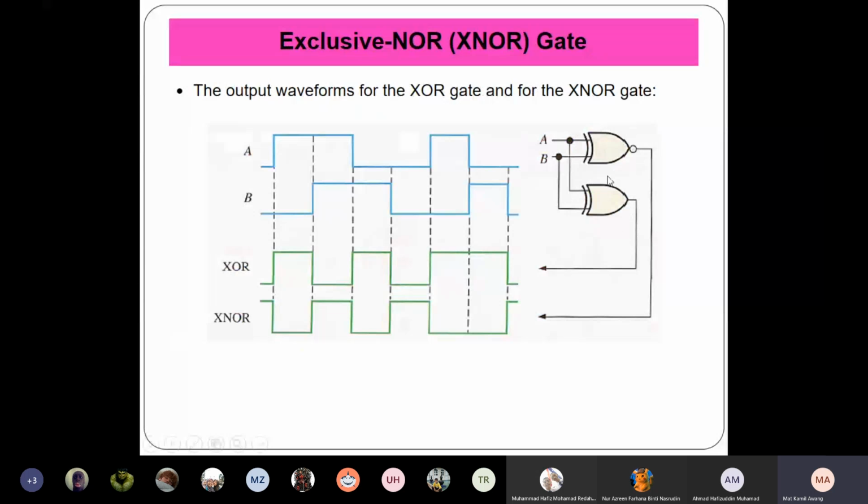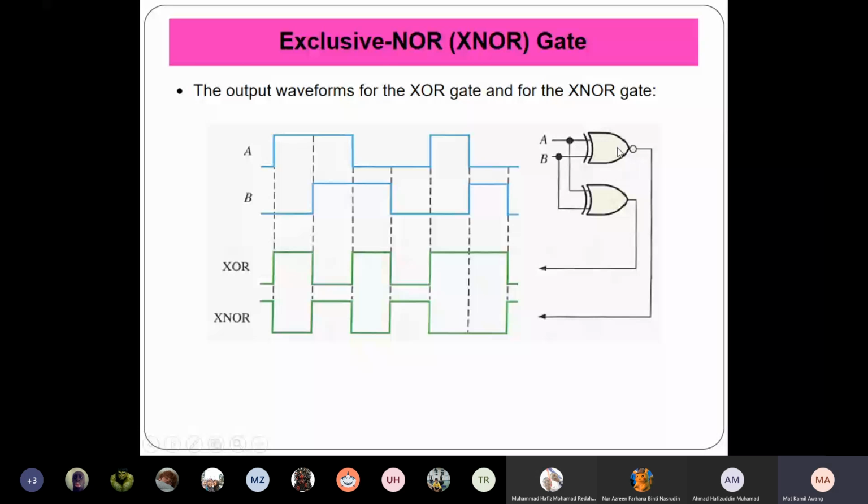This is XNOR. This output gives this timing diagram, and this output gives this timing diagram. Okay? Don't be confused. This is XOR. This is XNOR. You see this. The difference is this dot, this small circle here. XOR, XNOR, XOR, XNOR.